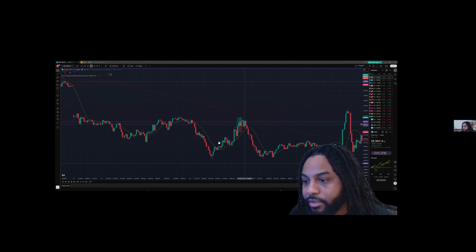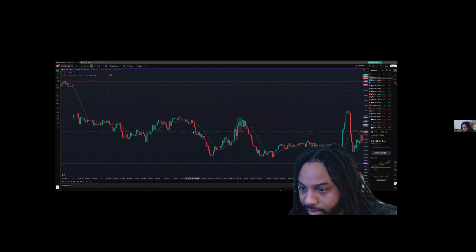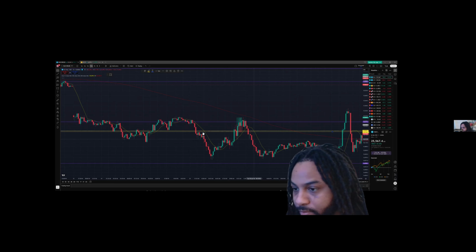As you see here, we had a break of structure, we were going down, and then this was probably the last smart money high, I would call it. Let's change this color.